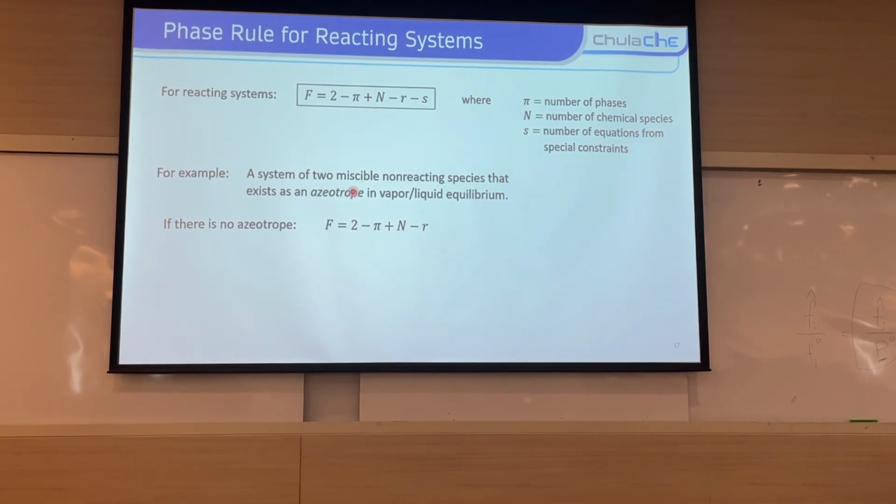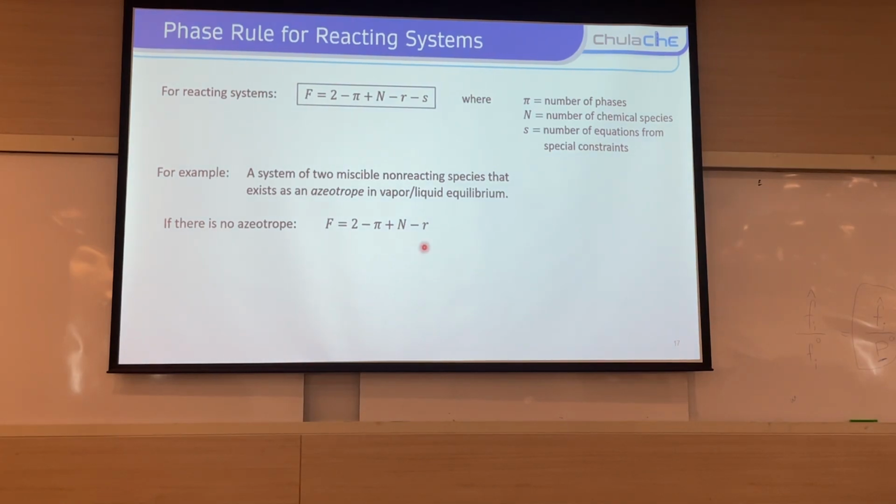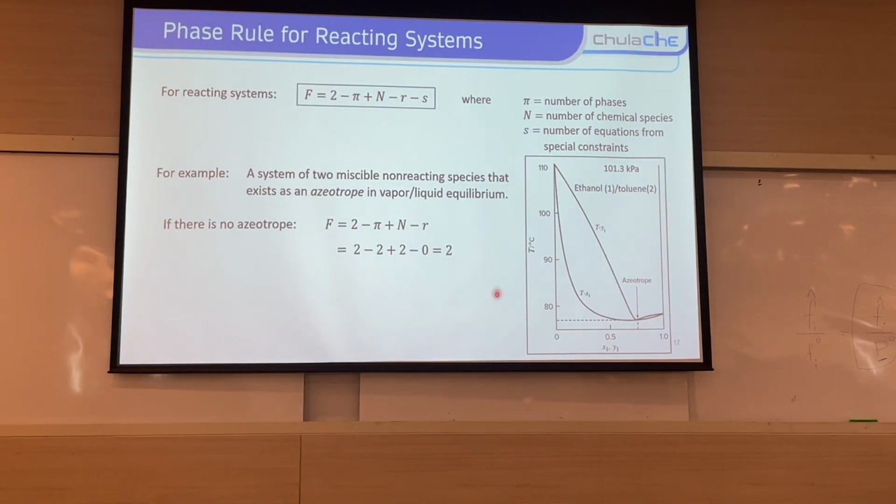The degrees of freedom should be equal to 2 minus 2, which comes from the number of phases, vapor and liquid in equilibrium, plus the number of species, which in this case is 2, and the 2 species do not react together, non-reacting species. So the number of chemical reactions is equal to 0. In this case, the degrees of freedom equal 2. But what if you have another special constraint in the system, which is an azeotrope in the system?